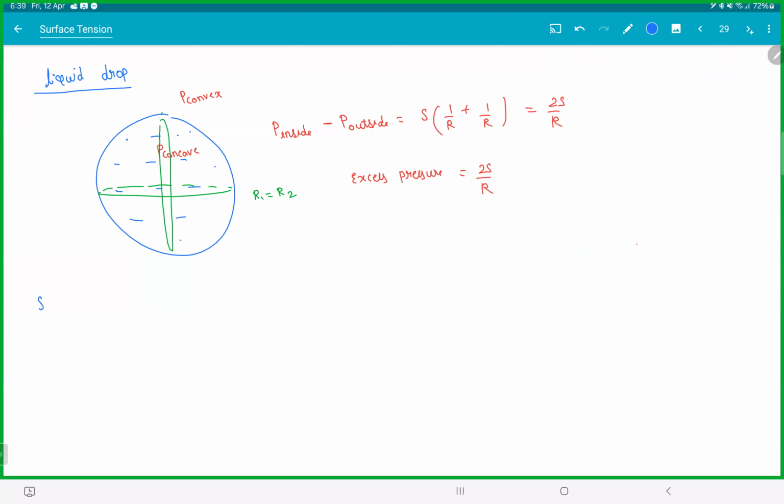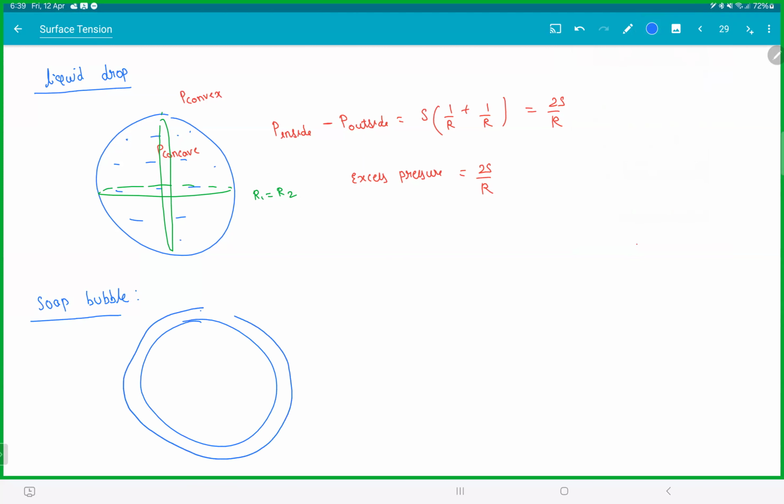If you take a soap bubble, if the pressure outside is P naught, the pressure here would be P naught plus 2S by R for a single surface. The pressure inside will be P naught plus 4S by R. For every surface, the pressure will increase by 2S by R. So here the excess pressure is 4S by R for a soap bubble.